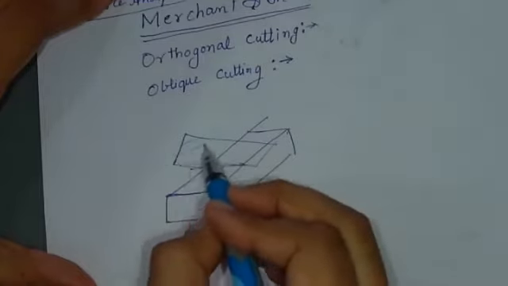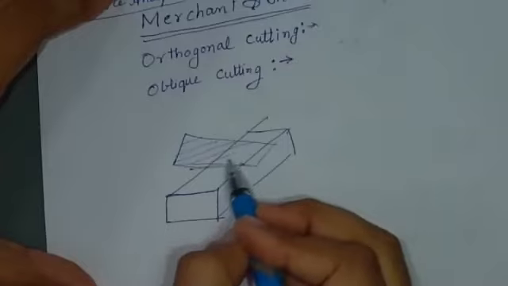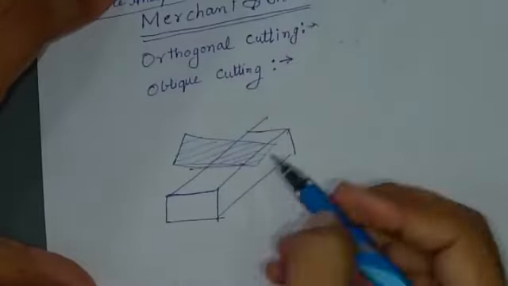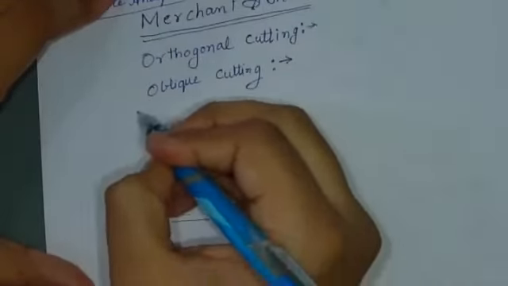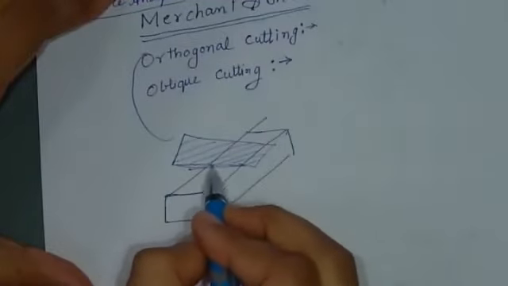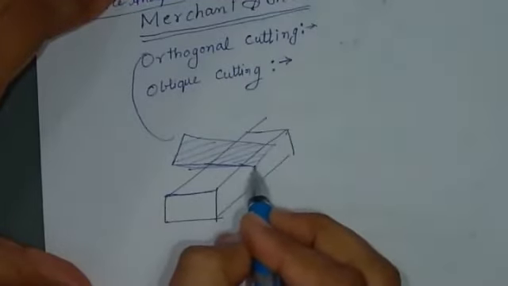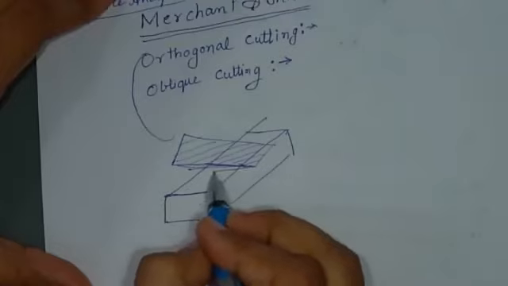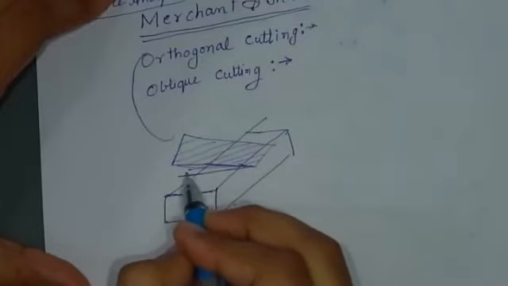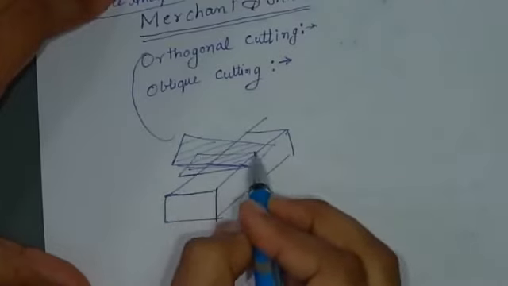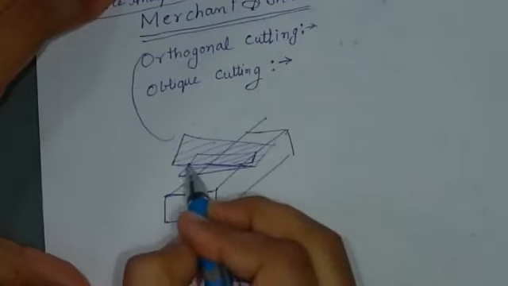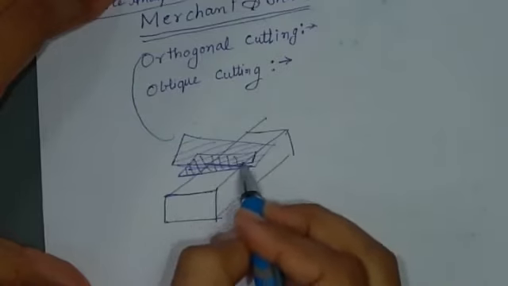This is the cutting tool. Then it is the case of orthogonal cutting. But if your tool is not exactly straight here, but it is at a certain angle like this, then we say it is the case of oblique cutting.